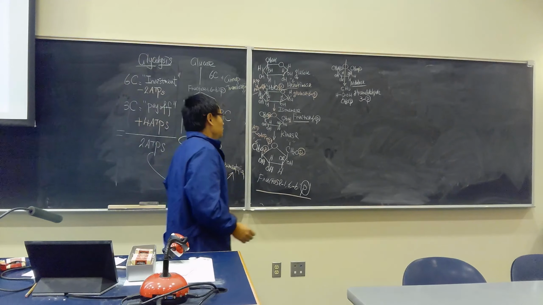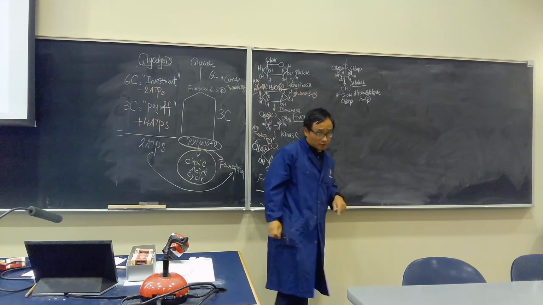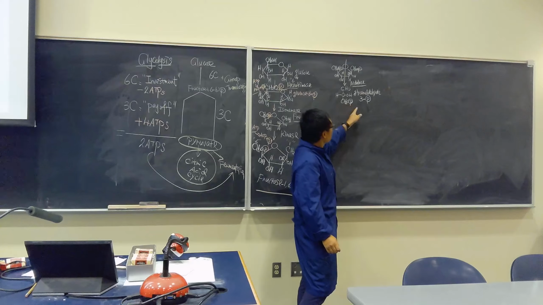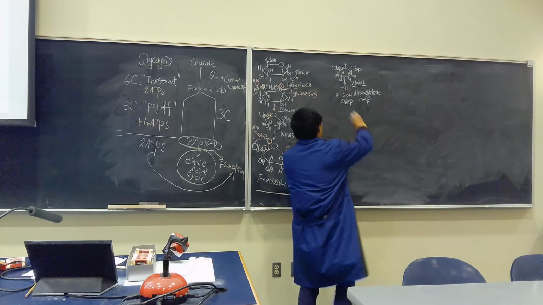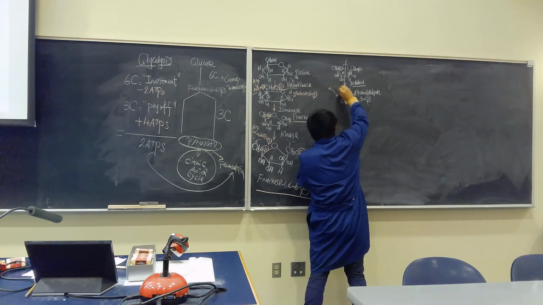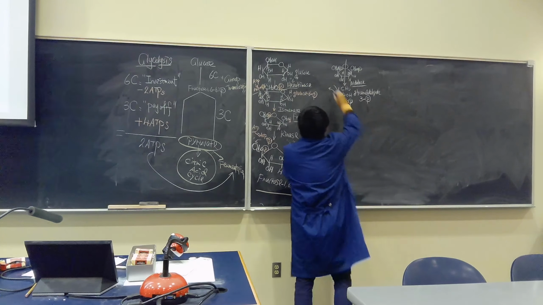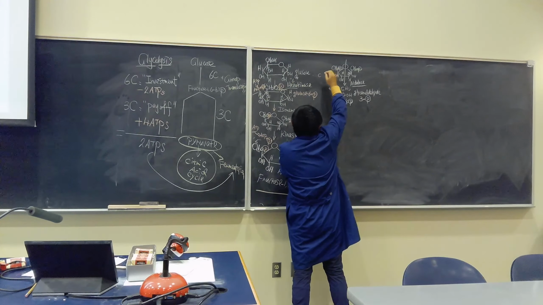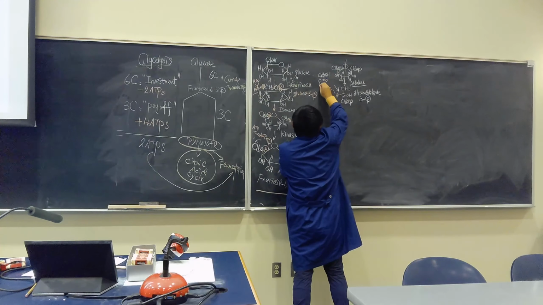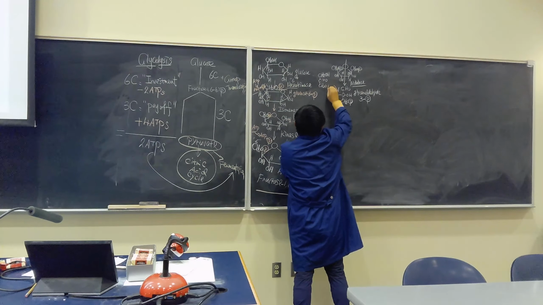Okay. And in your textbook, it's going to talk about there is a transition step right here. It could somehow go this way, somehow go back. The structure called CH2OH, then goes CH2OP.